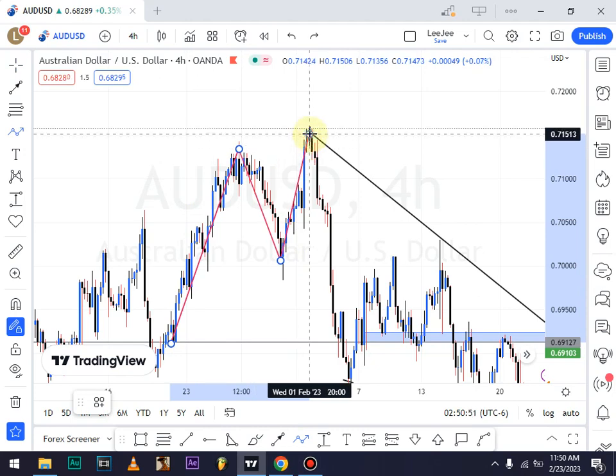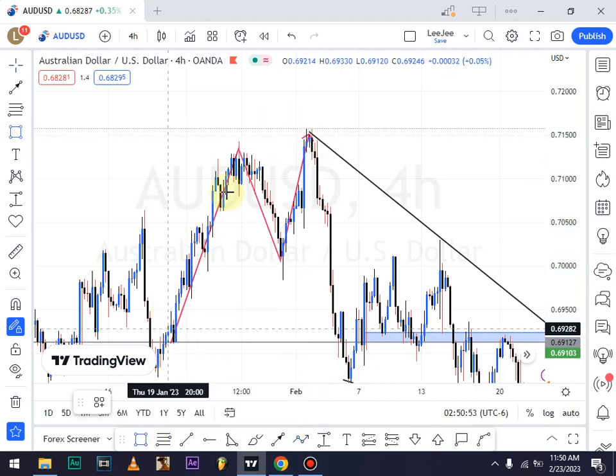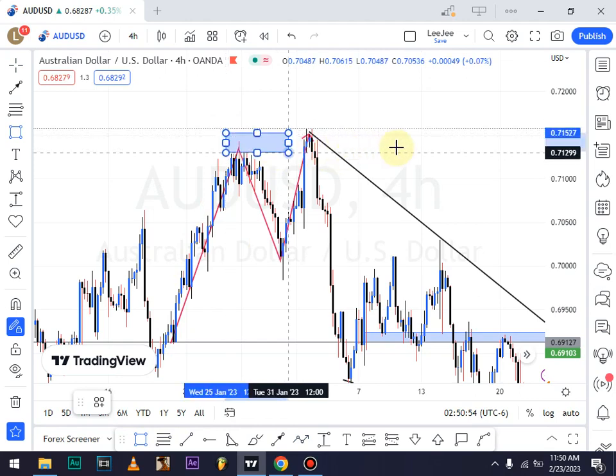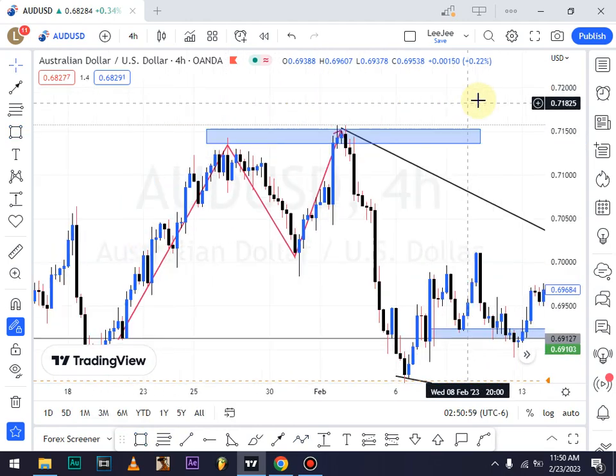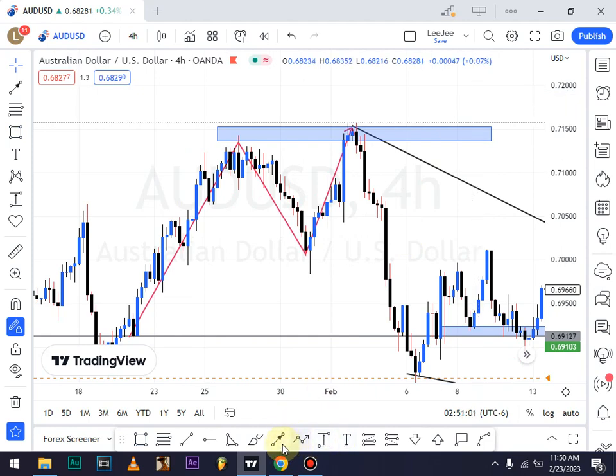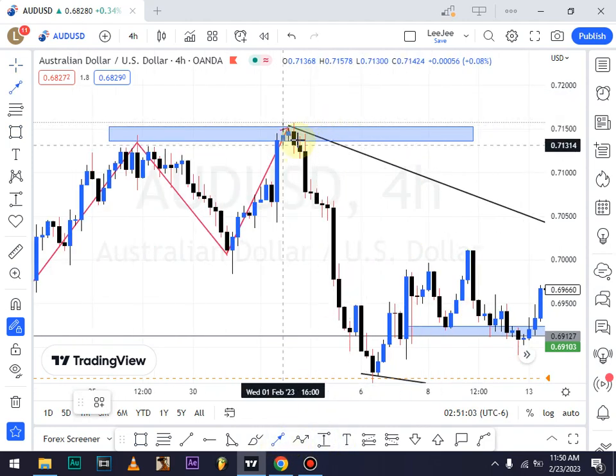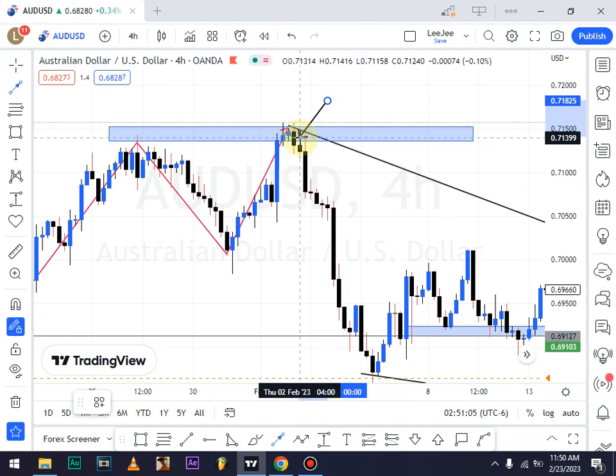Like I said before, I usually just don't waste the move, guys. The moment I see an engulfing candlestick, that's when I enter. You can all see that price came in and then engulfed, this candlestick engulfed the previous one over here.